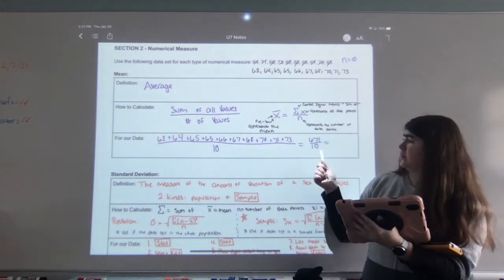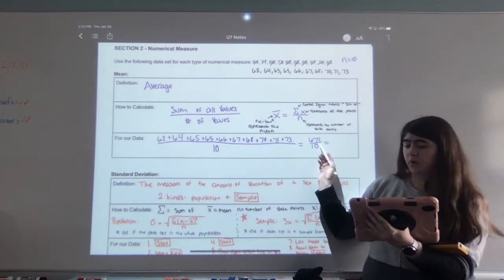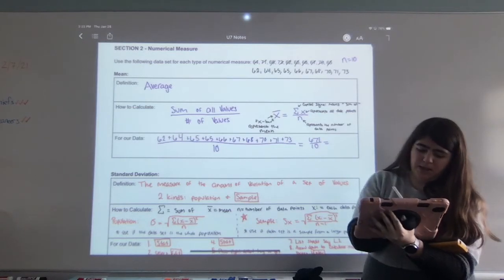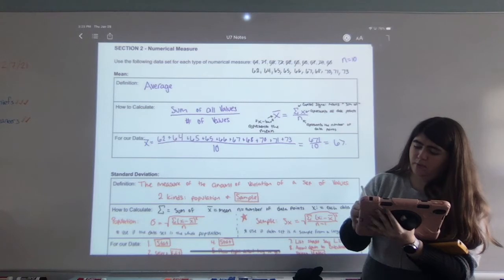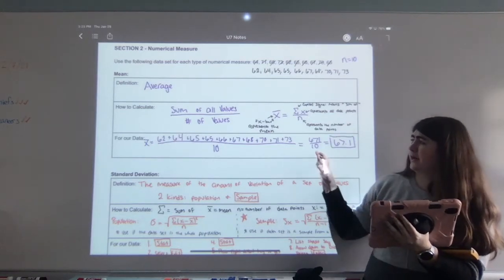Dividing by 10 is nice and easy: we just move our decimal point over one place. So the mean, represented by X bar, is equal to 67.1. That's our mean.